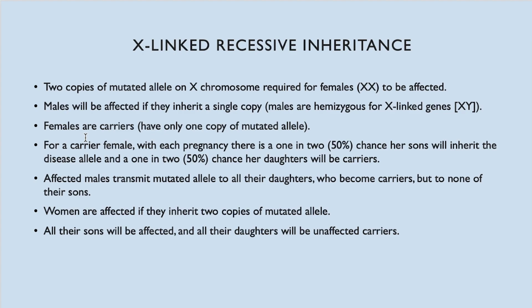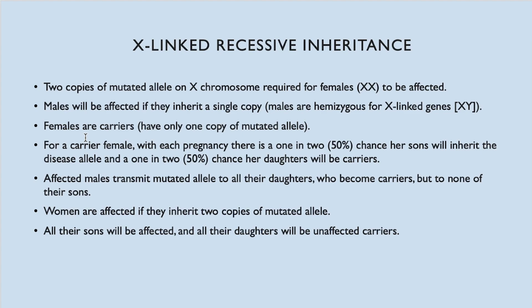and of inheriting and manifesting the disease in the case of males, the sons. Now, affected males will transmit the mutation only to their daughters, to all of them, because males don't pass the X chromosome to boys, only to their daughters.